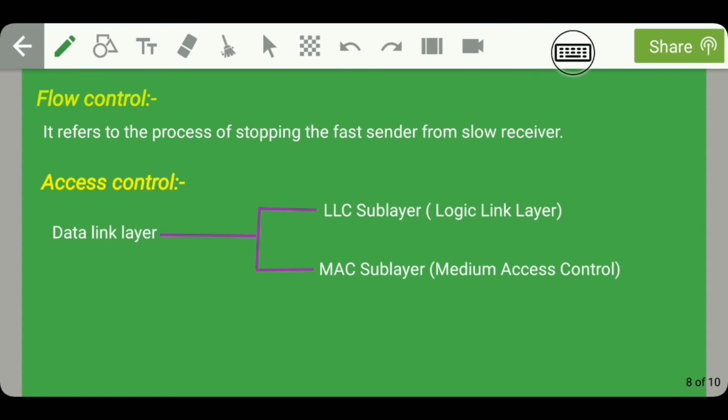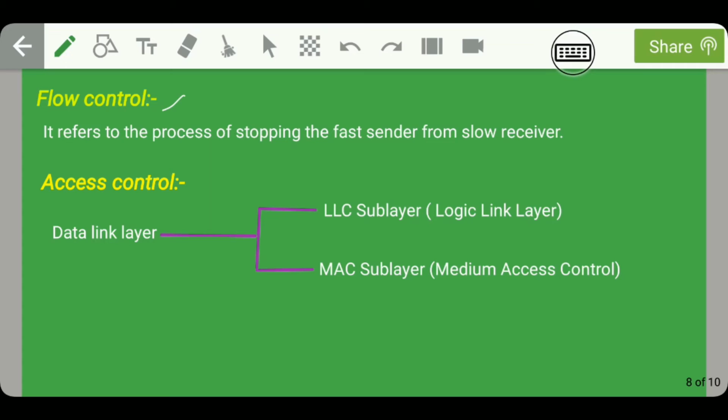Guys, moving on, the next functionality of data link layer which we have discussed right now was that data link layer can do flow control. So what does this flow control mean? It refers to the process of stopping the fast sender from overwhelming a slow receiver. For example, let us say that I keep on teaching you for 5 to 6 hours because I am a sender and I keep on sending the data because I have sufficient data about GS for IES.